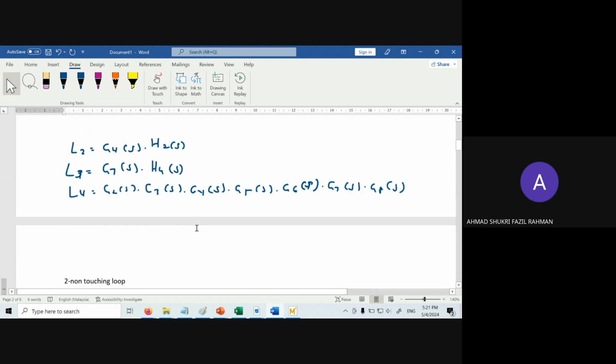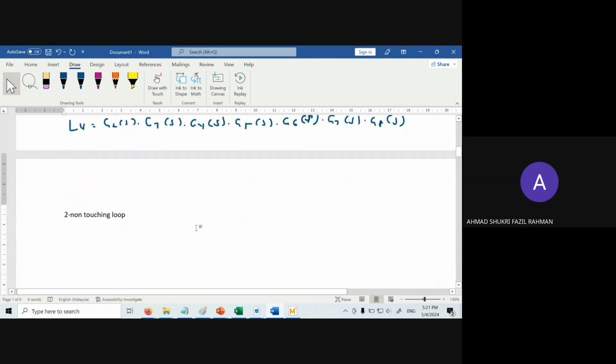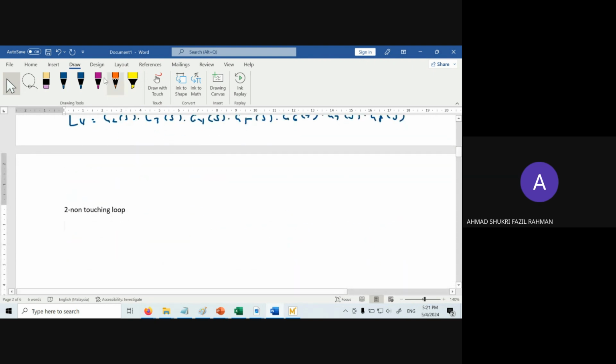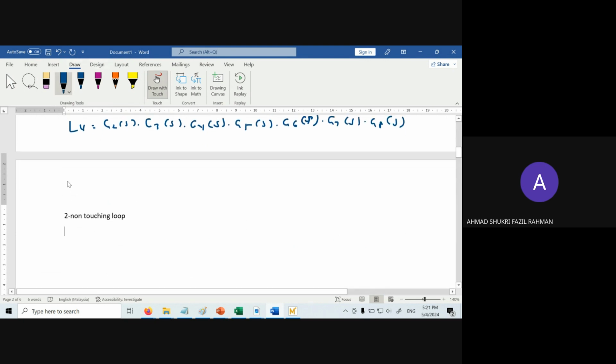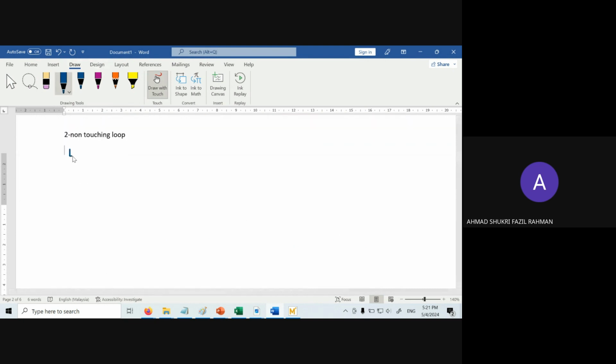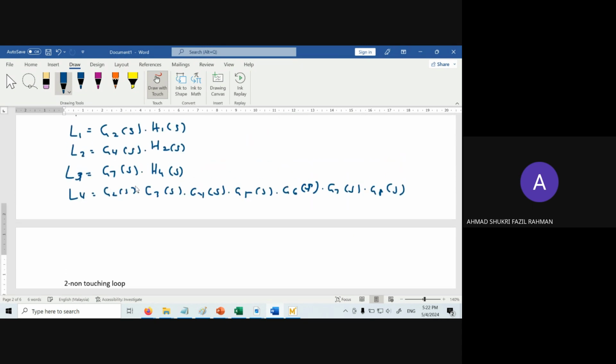Okay, so we can start with L1 and L3, which is here.